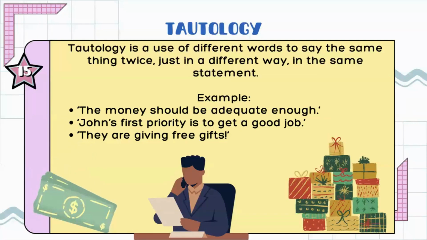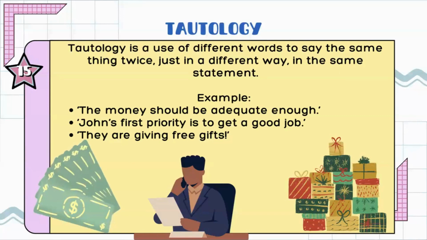The first example here, adequate enough, is a tautology because of the repetition of adequate and the word enough, which conveys a similar meaning. Hence, we say that the use of tautology can sometimes be intentional to emphasize a point, but it can also be seen as a stylistic flaw.